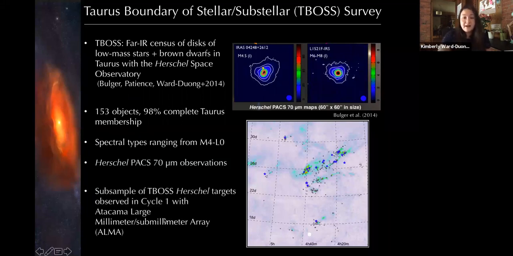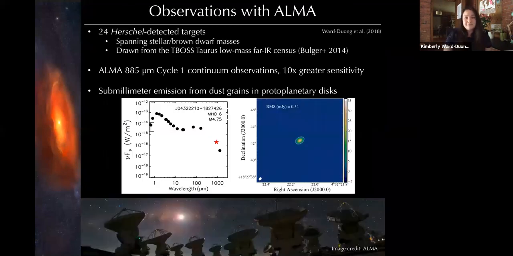We looked at a subsample of these objects way back in cycle 1 with ALMA, and we looked at them across the entire extent of the Taurus star-forming region to understand what their disk properties might be like. So the ALMA observations span the stellar-substellar boundary.